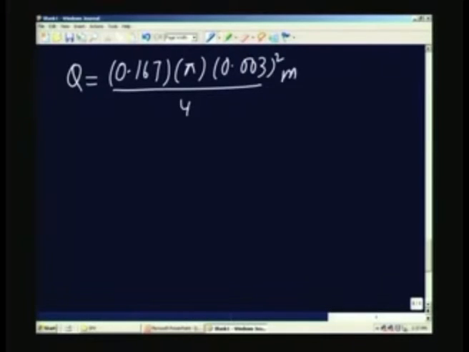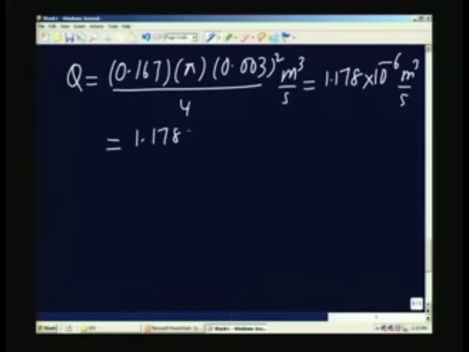This will be in meter cube per second, and this will come to a value equal to 1.178 into 10 to the power of minus 6 meter cube per second, which I will say is roughly 1.2 milliliter per second. So, it is just a flow of 1.2 cubic centimeter per second, a very small flow rate.